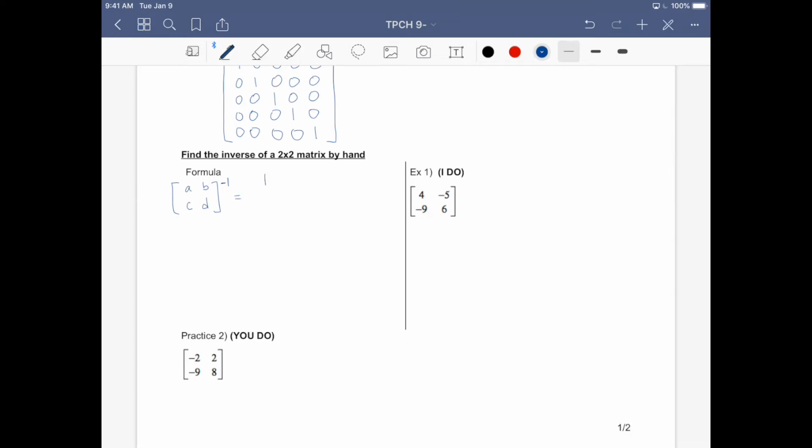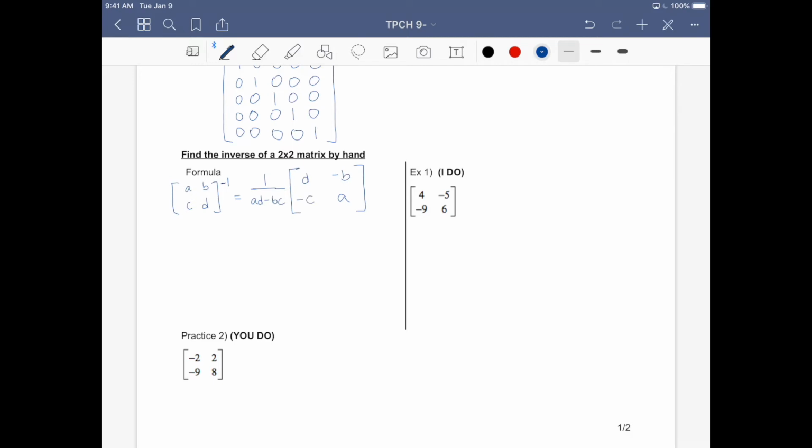That's going to be 1 over the determinant of this matrix, which is AD minus BC, times the following matrix. You're going to switch A and D, so you write D first, A very last. And then you're going to change the sign on B and the sign on C.